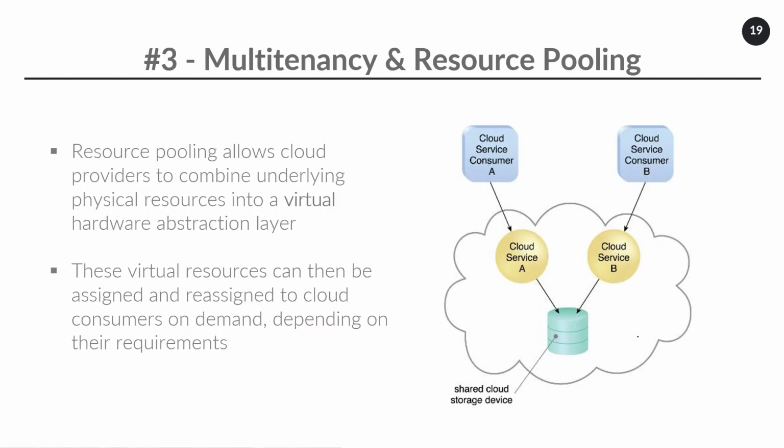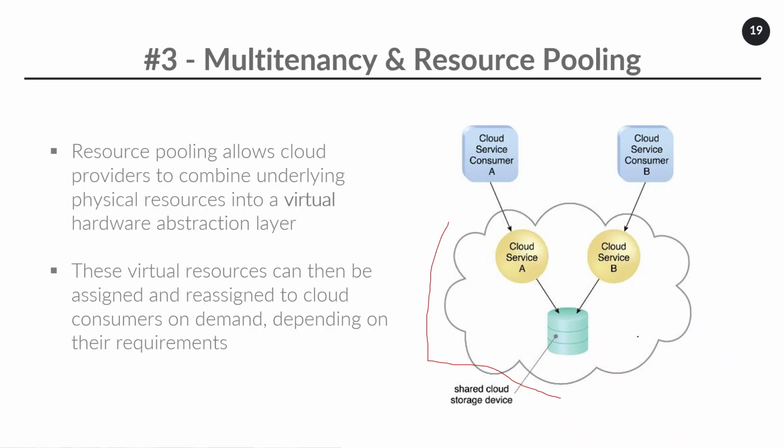If we talk about cloud consumer, as you saw before, it's different than cloud service consumer, right? And so resource pooling basically allows a cloud provider, like you see here, to pool large-scale IT resources to serve those multiple cloud consumers.